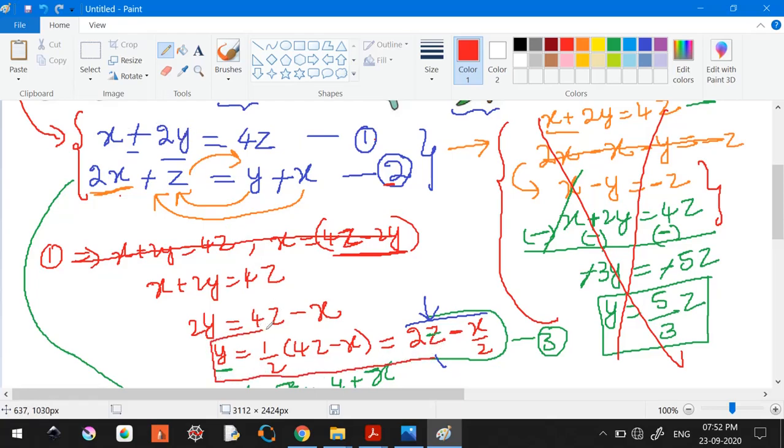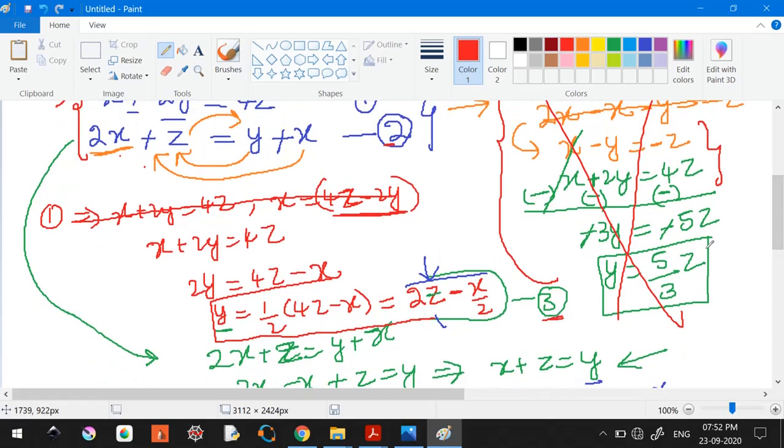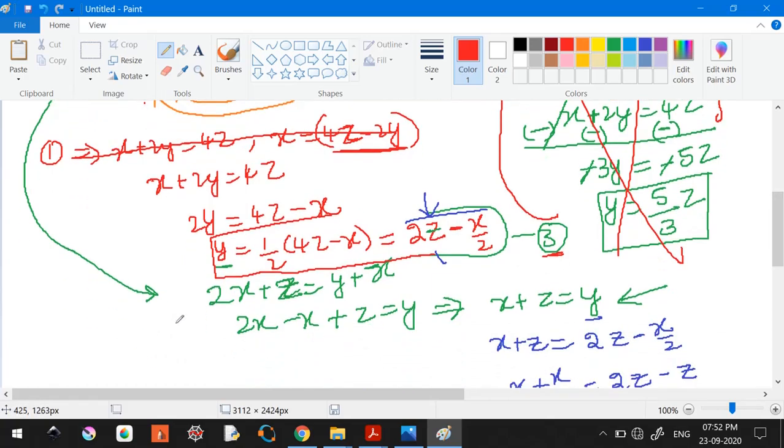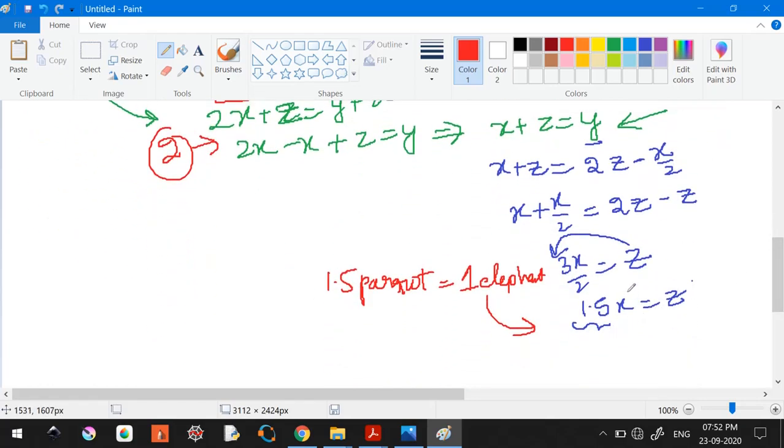You can also do it with the second equation. Any one equation you can take to find y and use that y to plug into the other equation. So that is what exactly I have done. I found y in 3 and plugged that into 2. If I do that, I will get a relation between x and z, and that will solve our purpose. Okay, so I hope you got this.